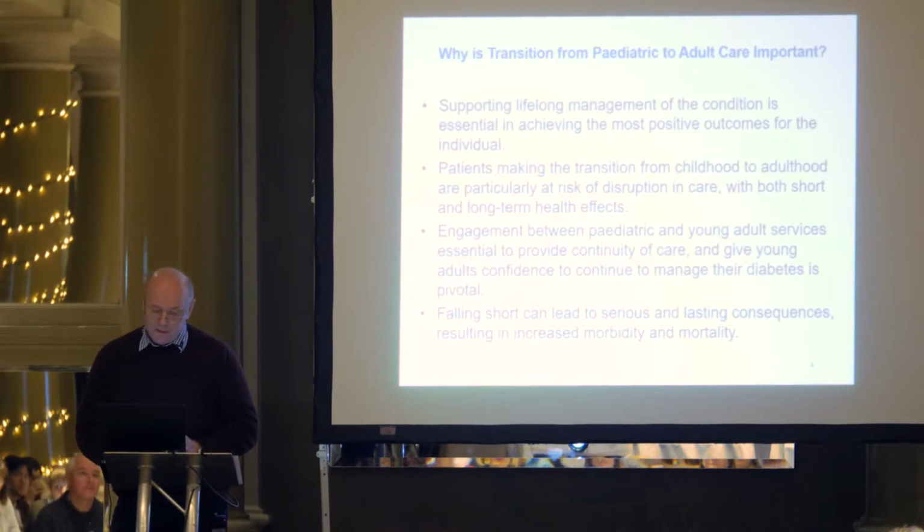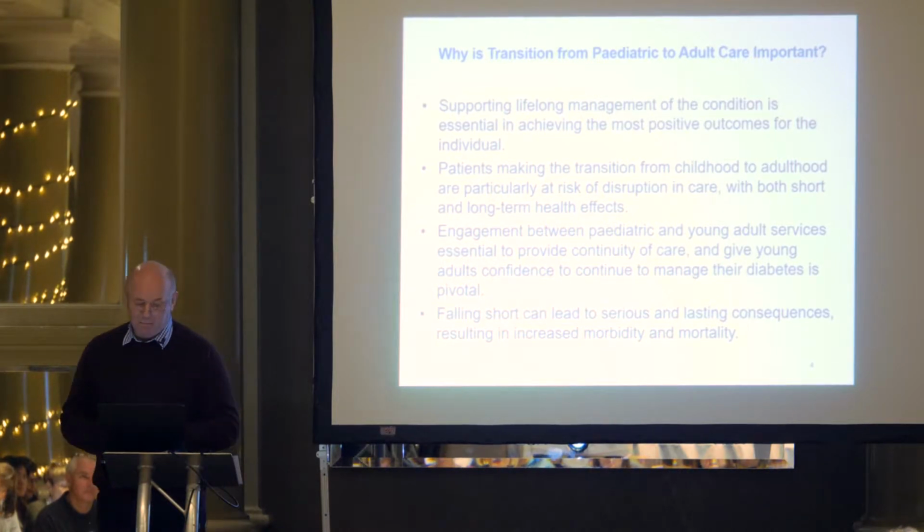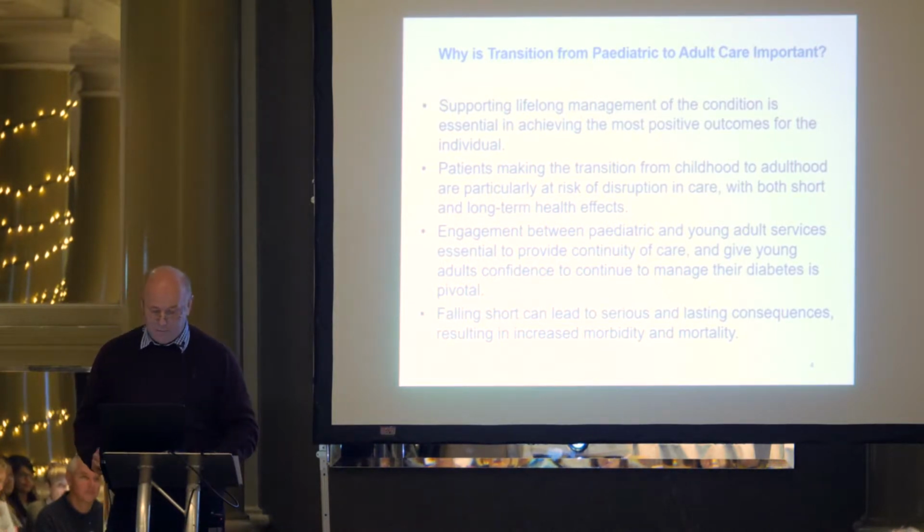So to an audience like this, I hardly need to tell you why this transition from paediatric care is important. It's about supporting lifelong management of that condition. It's essential in achieving the most positive outcomes for an individual person. And people making that transition from childhood to adult are particularly at risk of disruption in care.